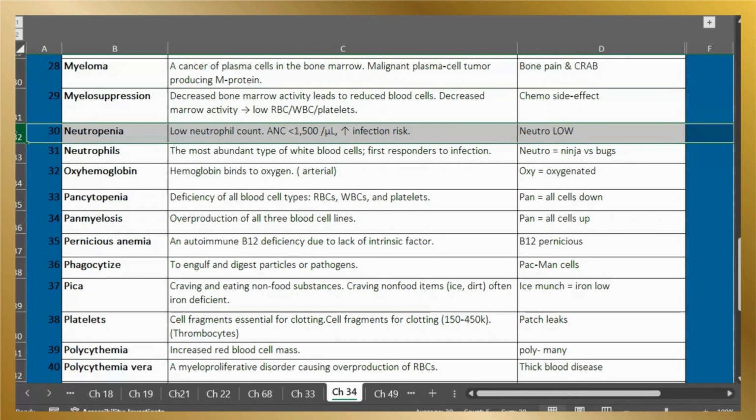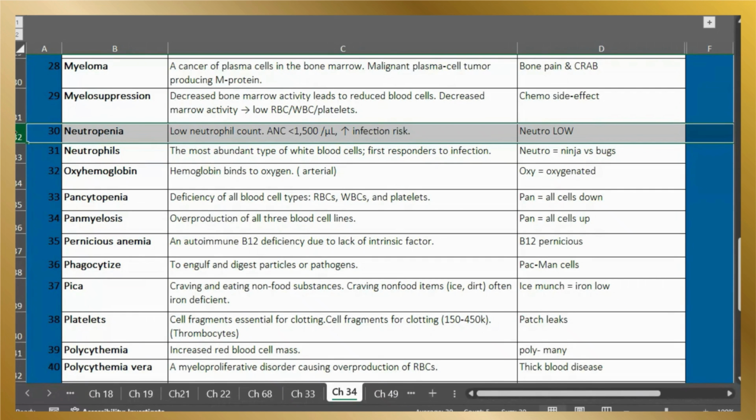Neutropenia, low neutrophil count, which increases risk. Penia means low. So increasing risk of infection requires protective precautions. In the chapter, it's kind of saying about it, but not categorizing it.